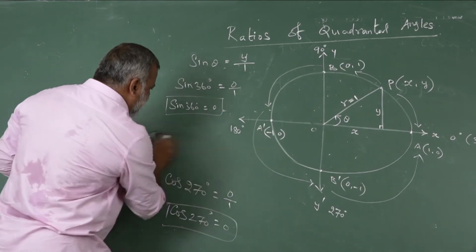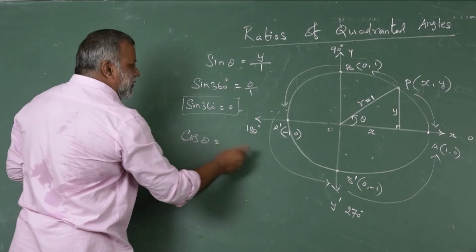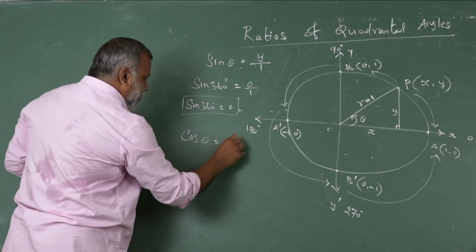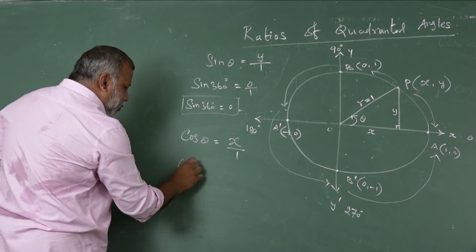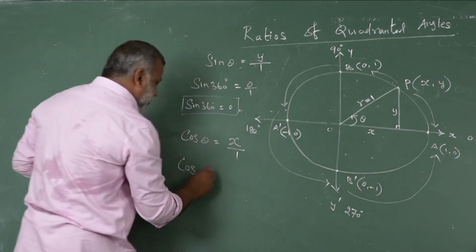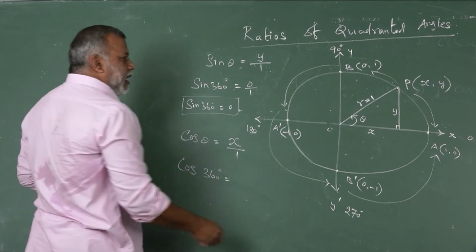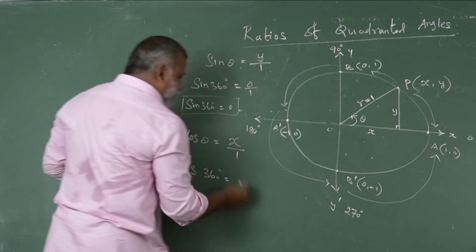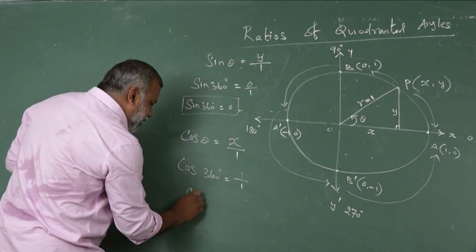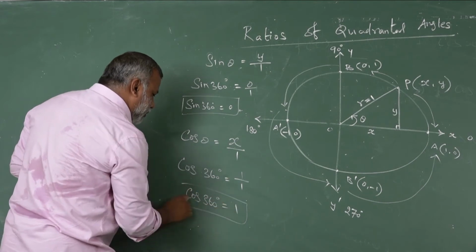See the cos. Then cos theta equal to base formula x by 1. Now theta is replaced by what degree now? 360. After completing one rotation, theta takes 360 degree. Now see, x takes 1 by 1. Therefore cos 360 equal to 1.